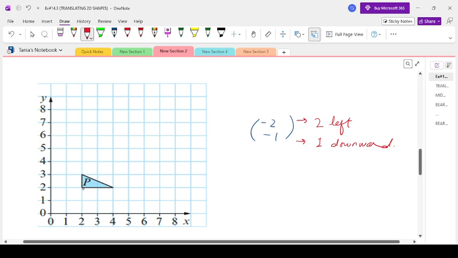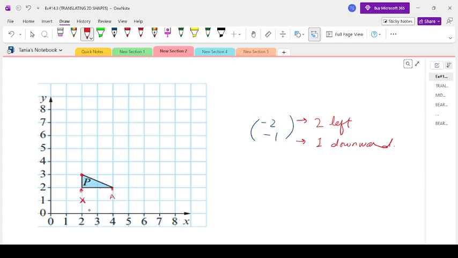So if we have this point, this one, we have to drag this point how many times? 2 left, 1 and 2, 2 left and 1 down. So this point I have dragged to this point. If this is A, this must be A dash.